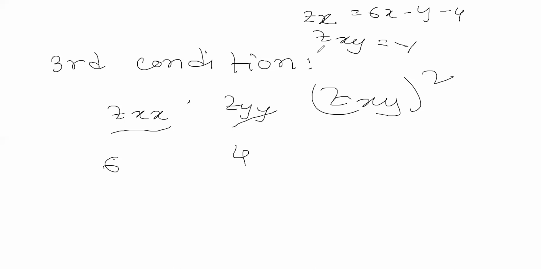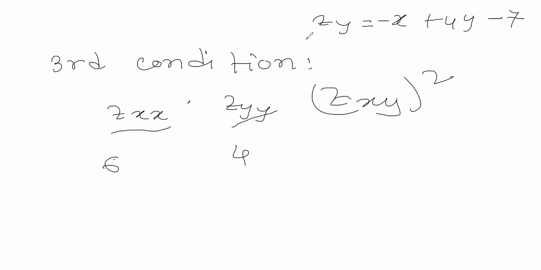Similarly, if we write down z of y here, z of y, which is equal to, the first order derivative is equal to minus x plus 4y minus 7, and now differentiate it with respect to x.